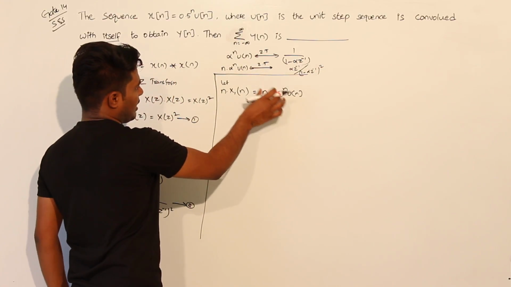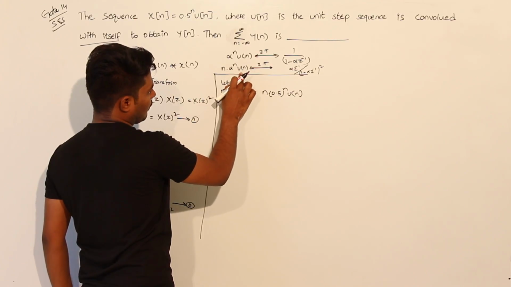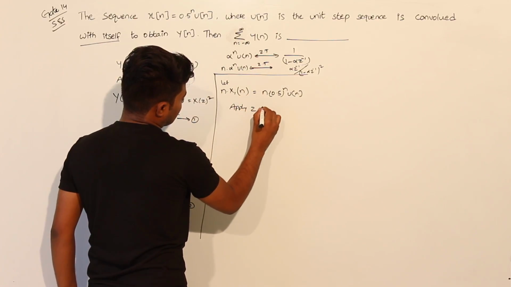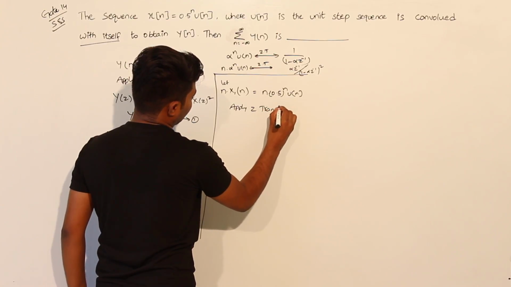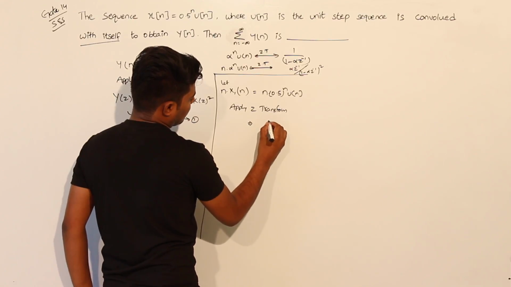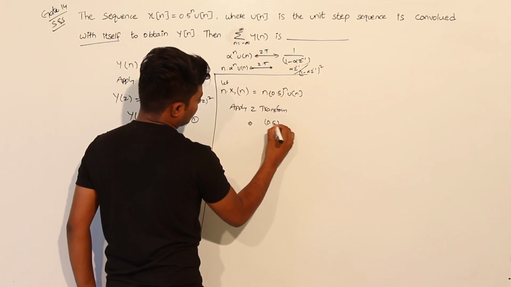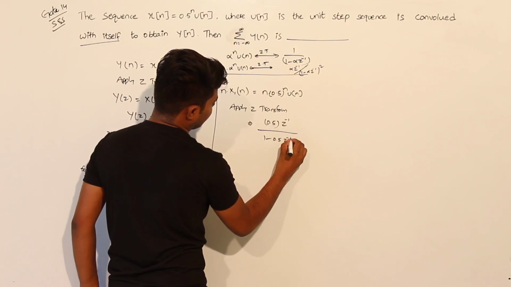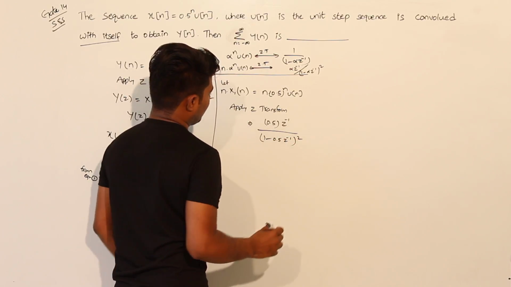For this also apply z transform. We get 0.5 z inverse by (1 minus 0.5 z inverse) whole square.